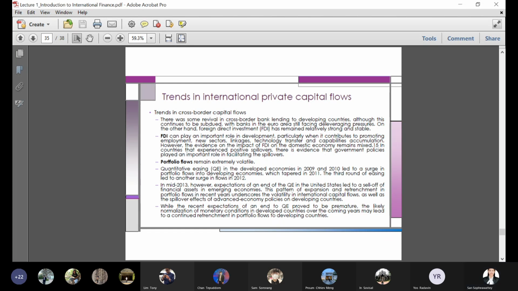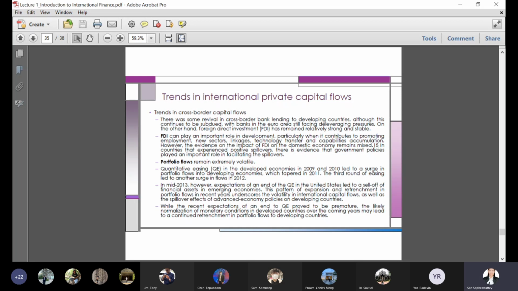And then in mid-2013, again, they expected that there was an end of QE in the US. So the US started tapering again in 2013. That led to a lot of selling of financial assets in emerging economies. So this pattern of expansion and retrenchment in portfolio flow underscores the volatility in international capital flow, and at the same time, it underscores the spillover effect of advanced economy policy on developing economies.